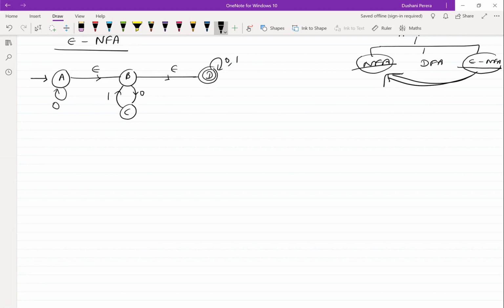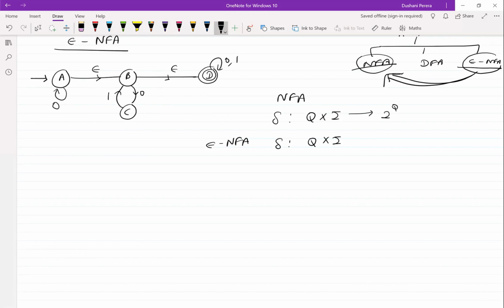Okay, so now what happens in an NFA? The delta function in NFA looks like Q cross sigma goes to 2 to the power of Q. That's what happens. Okay, in epsilon NFA, your delta is Q cross sigma, sigma being the alphabet, the symbols like A, B. In addition to that, you can get epsilon as well.